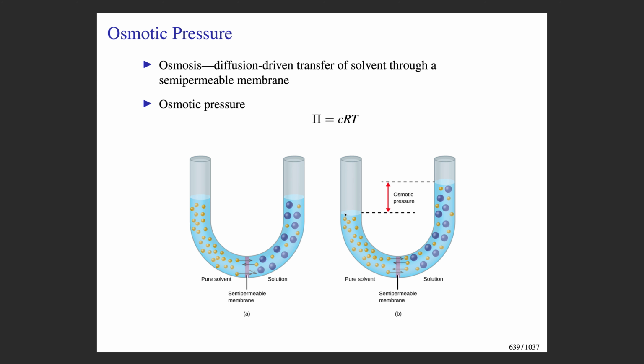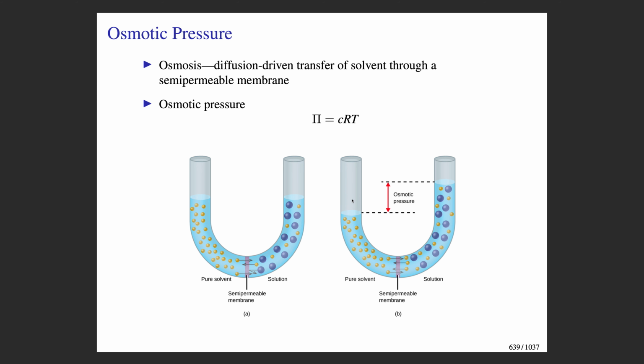What happens is that causes the level of liquid on this solution side of the apparatus to increase. That creates a downward pressure called the osmotic pressure, which is a hydrostatic pressure associated with the mass of this column of liquid pushing down via the force of gravity on the liquid.